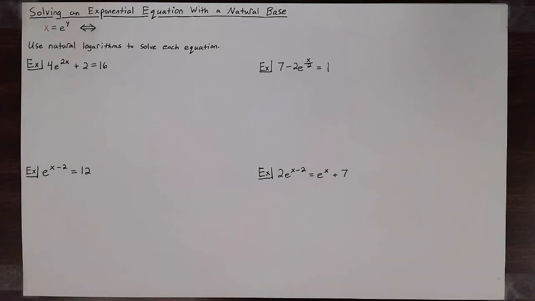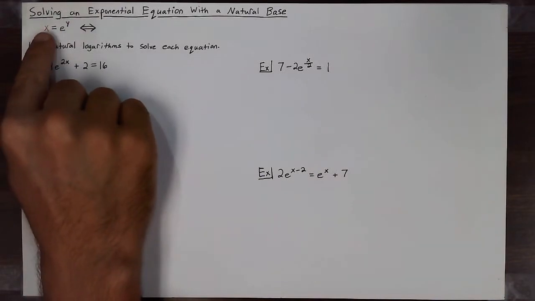In this video, we're going to learn how to solve an exponential equation with a natural base. A key to solving these exponential equations with natural bases is understanding how to go from an exponential form to a logarithmic form.